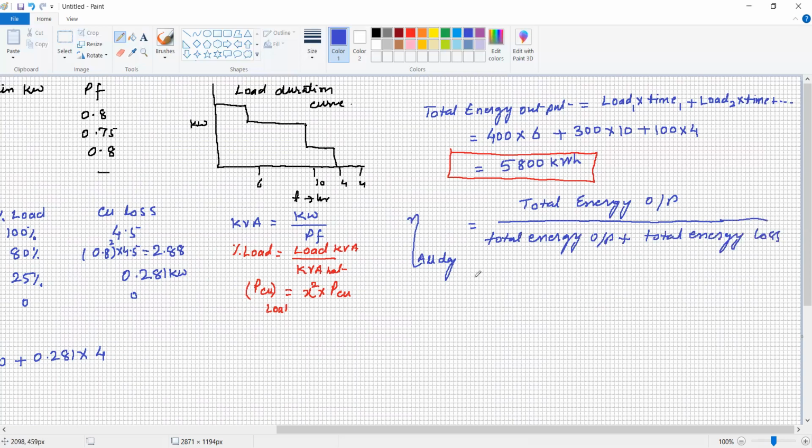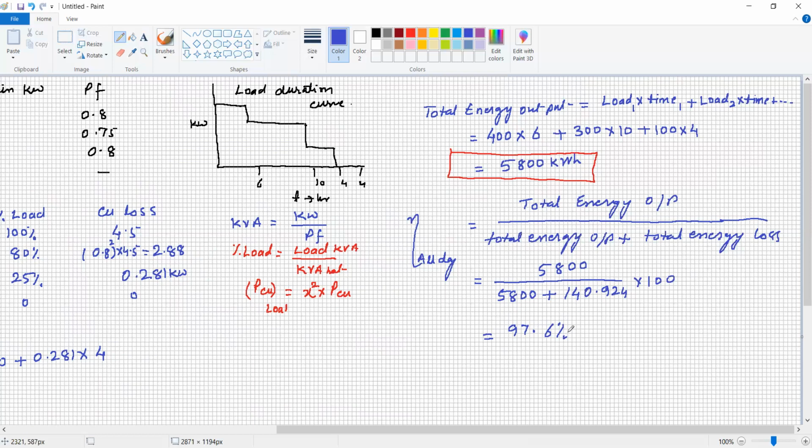So 5800 kilowatt hours divided by 5800 plus total energy loss 140.92, multiplied by 100. So the all-day efficiency of the transformer is 97.6%. This is the calculation of all-day efficiency of the transformer.